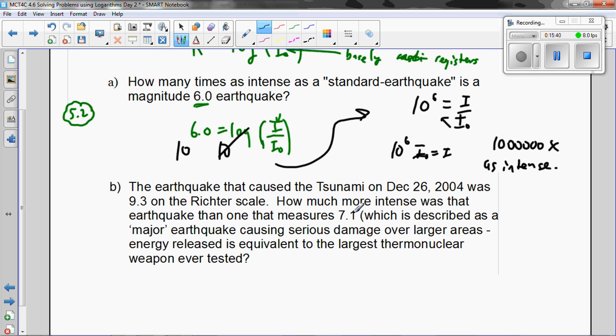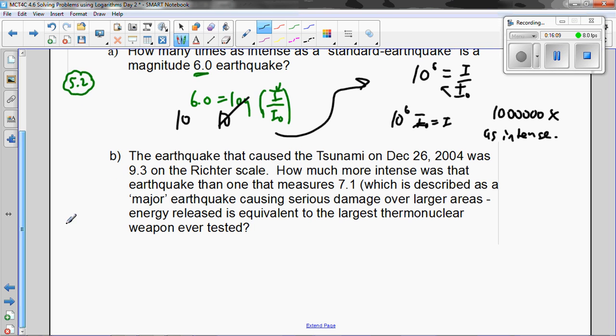And once in a while we'll get one this severe, but not very often. A 7.1 Richter scale earthquake is described as a major earthquake causing serious damage over large areas, and the energy released in that earthquake is equivalent to the largest nuclear weapon ever tested. So the biggest bomb they've ever exploded would be about a 7.1 on the Richter scale. And we want to know how much more intense this tsunami causing earthquake was than the biggest bomb we've ever blown up on Earth.